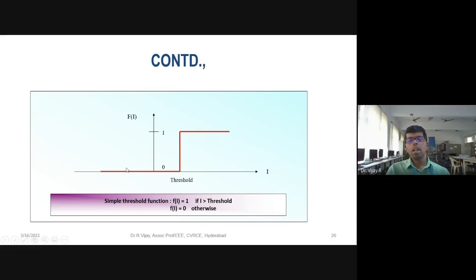It works like this: f of I is equal to 1 if I is greater than or equal to the threshold. This condition is satisfied, and if it is not satisfied, the function will not follow. So 1.4 is greater than 0.5, and simply like that the function is being activated.